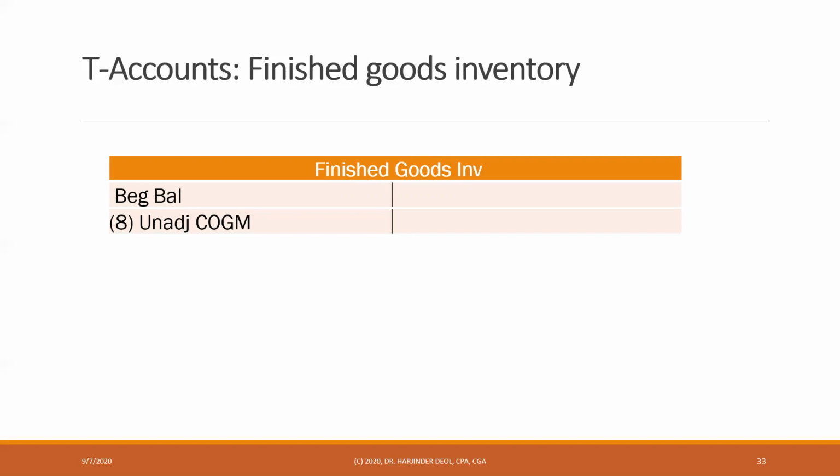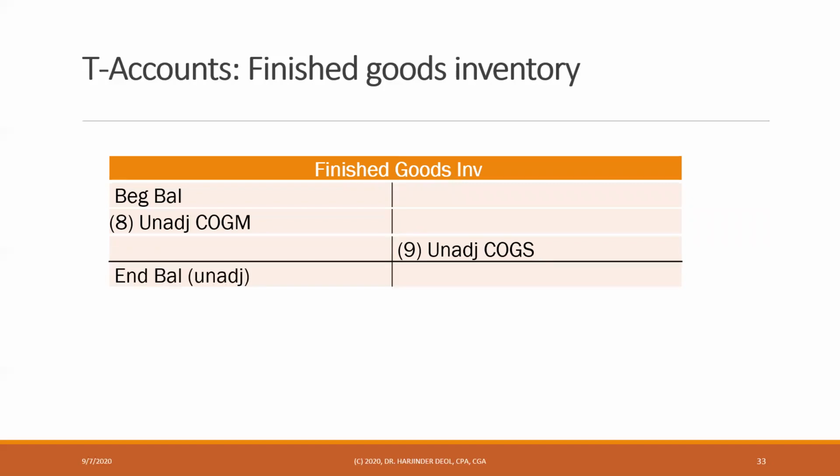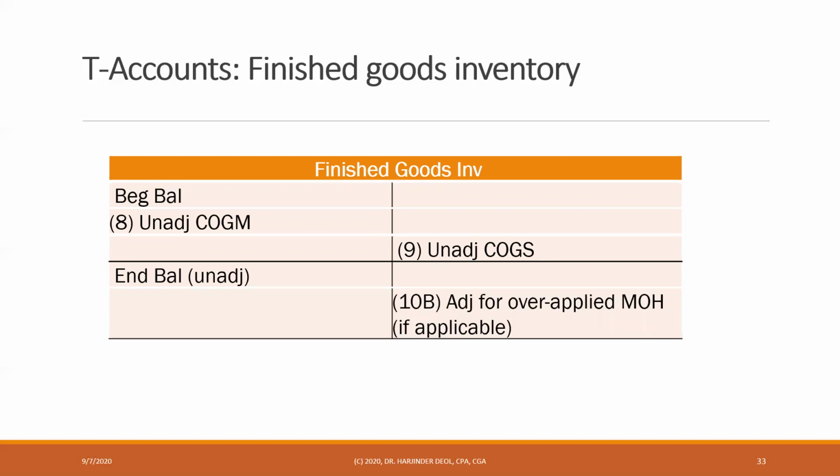The cost of goods manufactured plus the beginning balance of finished goods gives us the cost of goods available for sale, of which some goods were sold during the year and the balance remain unsold. Again, just like work in process, if applicable, we will adjust for over-applied manufacturing overhead by crediting finished goods inventory, and we will then get the ending adjusted balance for finished goods.